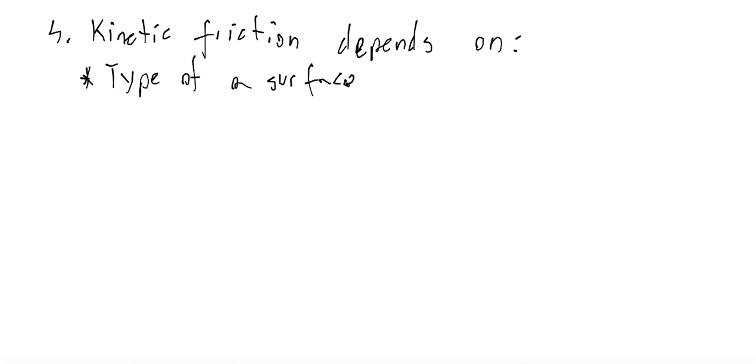So let's look. If you have a flat surface, like ice, then friction is very, very small. If you have a rough surface, like sandpaper, then friction is very high. So basically the type of surface means the material from which the object is made.